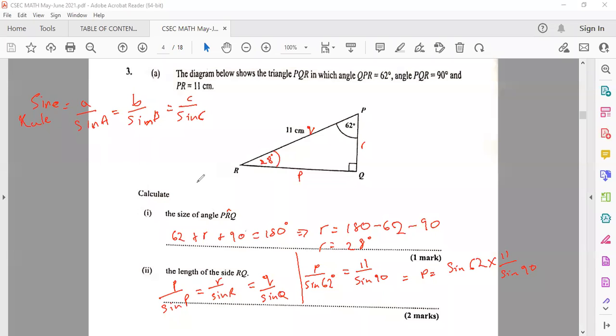Calculator says 1. So sine of 90 is 1. So P is equal to sine of 62 times 11. What is sine of 62? We can just put that in our calculator. So sine 62 times 11. Let's see how that works.